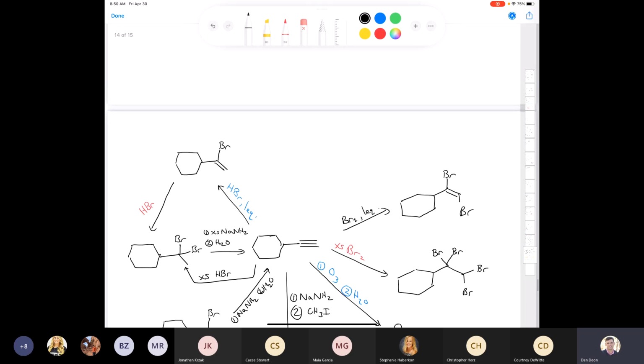What else? We've looked at the anti-Markovnikov addition of water across the triple bond to make an aldehyde. These are conditions that you have to be aware of. You can use 9-BBN or you can write R2BH, just to show that it's a hindered borane in the first step.